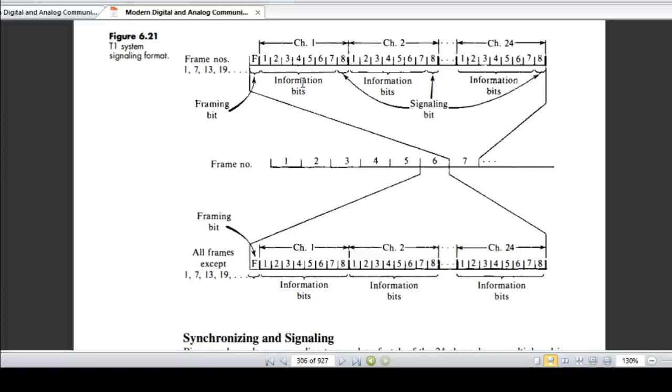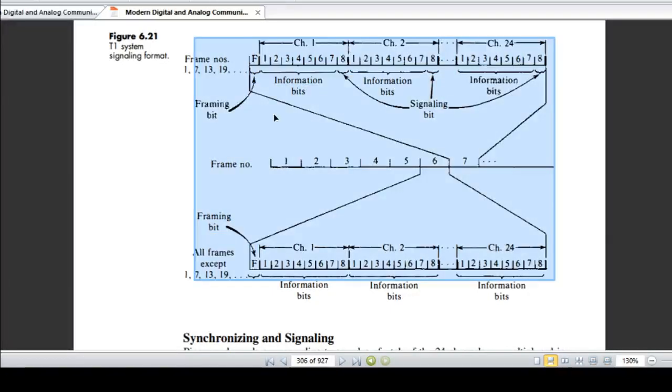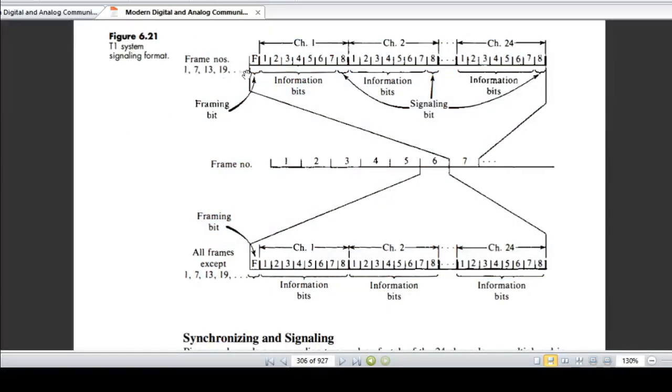Now one more bit is added. You can see the one bit which is denoted by F, that is the framing bit. As discussed earlier, synchronization between the transmitter and receiver commutator is essential. Without such synchronization, the receiver cannot know which bit corresponds to which of the original signals.